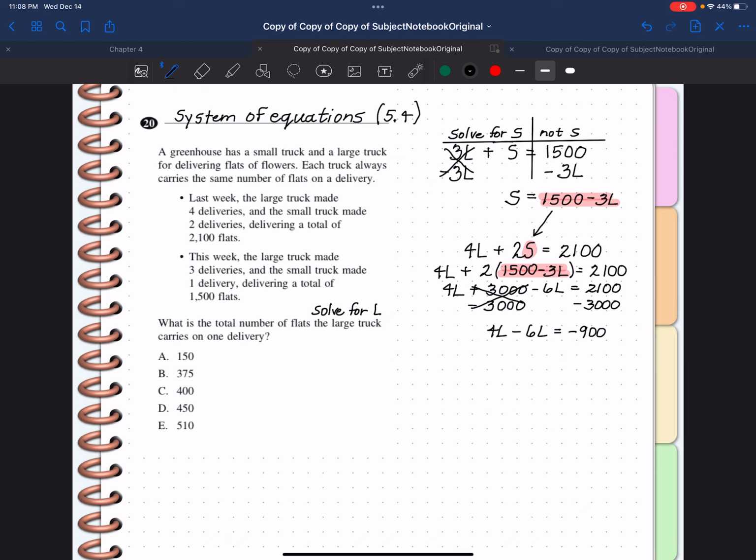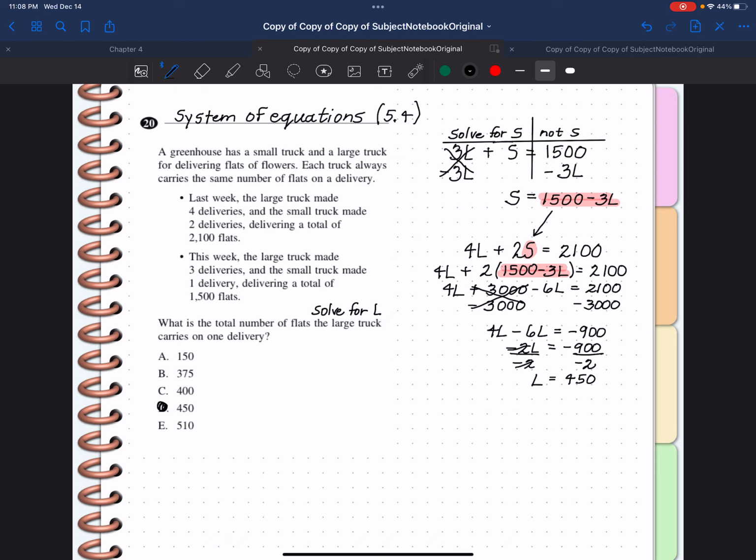Then 4L minus 6L is negative 2L equals negative 900. Divide both sides by negative 2, and you will get the large truck carrying 450 flats on a single run.